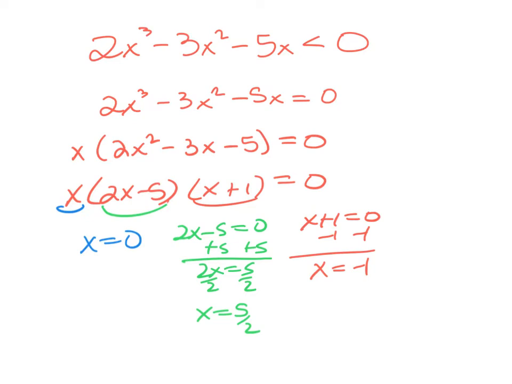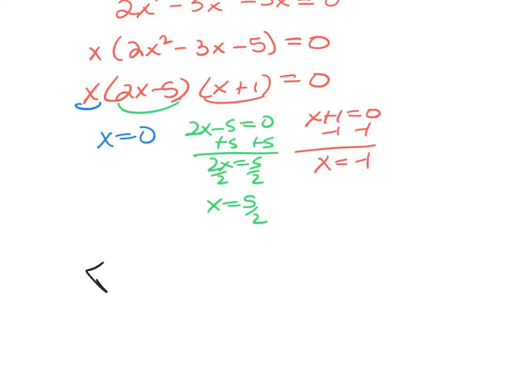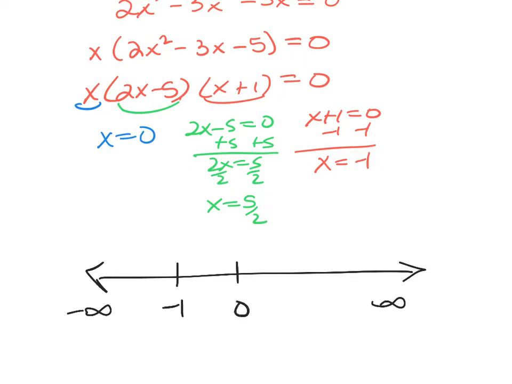Now, this time I'm going to be breaking up my number line into 4 sections. Negative infinity, positive infinity. So I have -1, 0, and 5/2. Notice this time 0 was one of my answers, so I can't use 0 as a test point. I'm going to go ahead and plug in a 1. Pretty good on that?